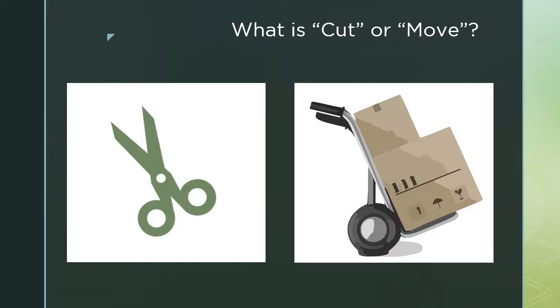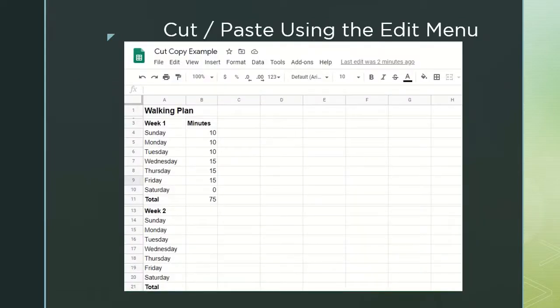Now that we've talked a little bit about cut and paste, let's look at this example where we started with week 1 in column A and the minutes in column B, and then we thought, well, let's see what happens if we put week 2 below that.